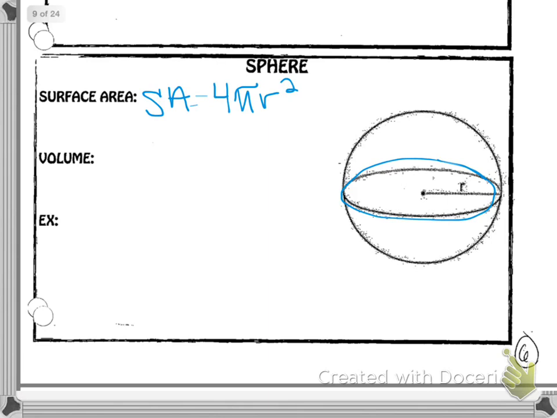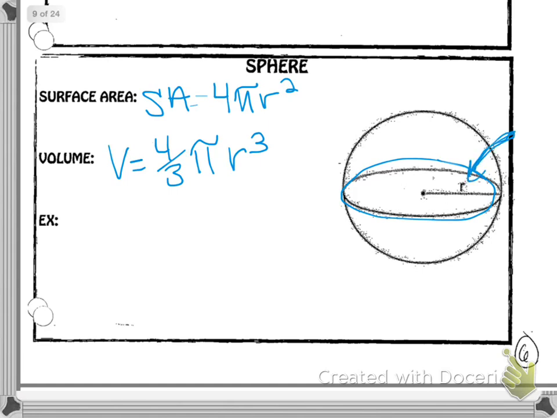If you take a cross-section of the sphere, if you chop it in half, you're going to end up with a lot of different circles, so everything is based off of the circle formula. For volume, the formula is 4/3 pi times the radius. Instead of squared, now it's going to be cubed, and that will give us our 3 dimensions there.